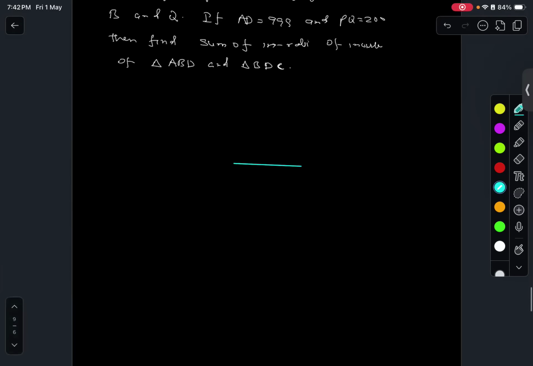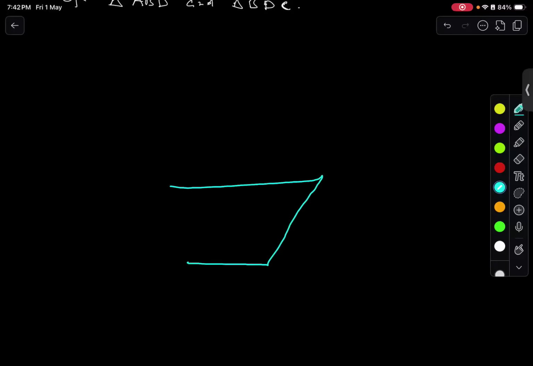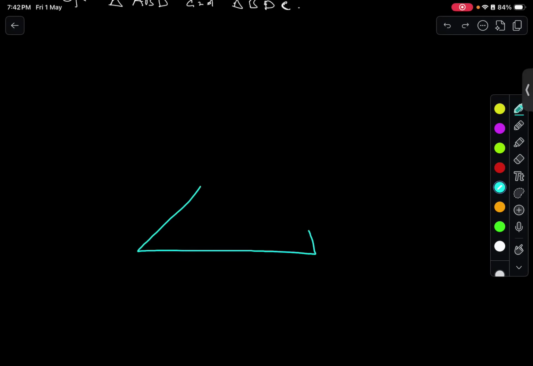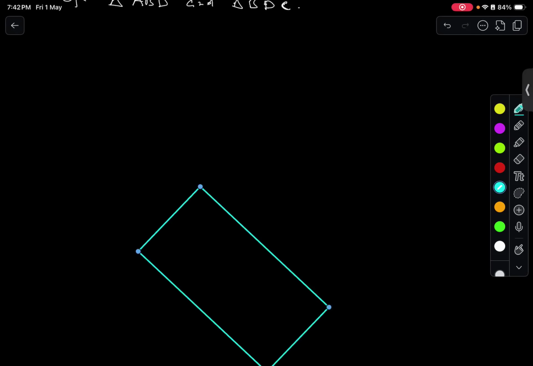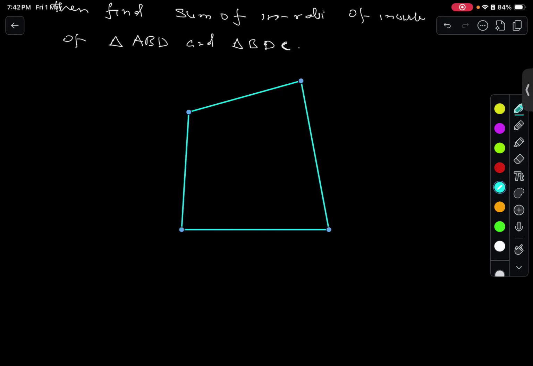Okay, Vastu? See. Now I have to go for the quadrilateral. Something here, so we can form a triangle in that sense.